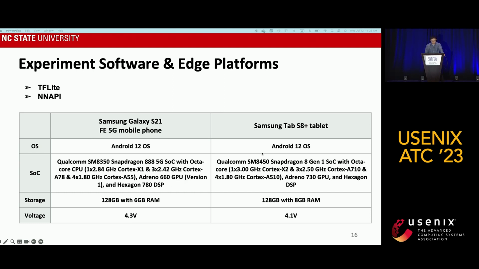The right-hand side is the tablet environment, which is also a mobile device. They have the same operating system, but their system on chip is one level more advanced. So I think the difference is that the compatibility is different.